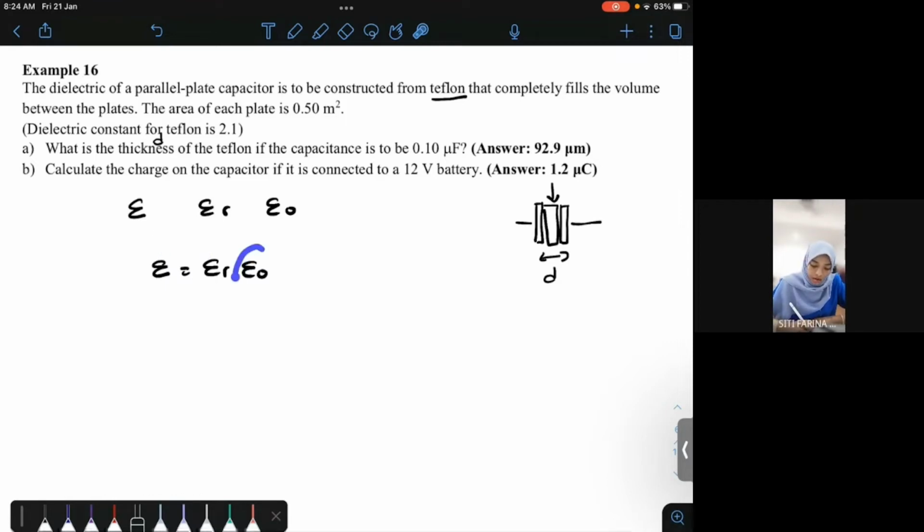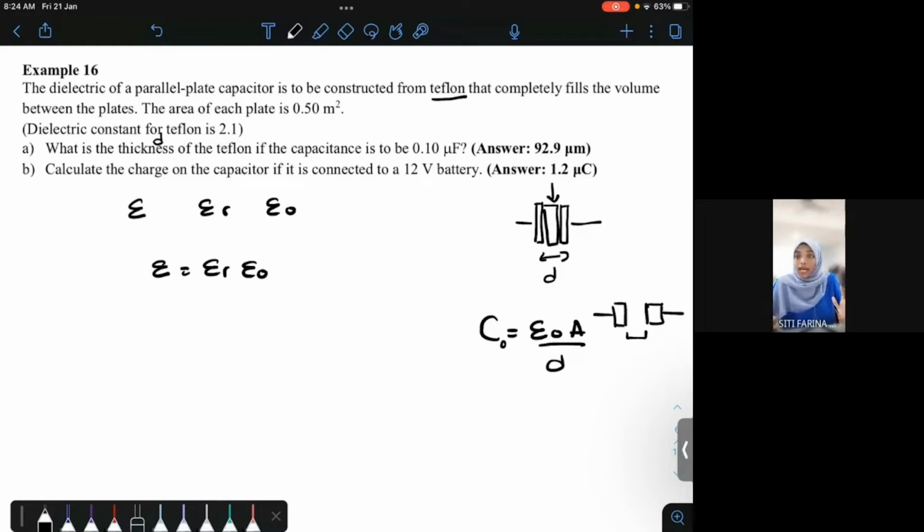Ini adalah permittivity of free space. Maksudnya pada saat tak ada apa-apa has filled the gap between the plates. Maksudnya kita ada air sahaja. You did not insert any dielectric. The value of your capacitor C akan sama dengan epsilon naught A over D. Because dekat sini capacitor plate kamu akan ada gap and that gap is just air.